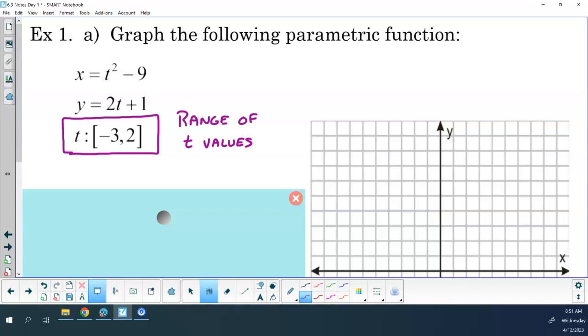In parametric functions, you don't. They stop because we restrict the t values. T is not just anything. Okay? T is within a specific range. So your parametric equations have endpoints. They don't continue on forever.